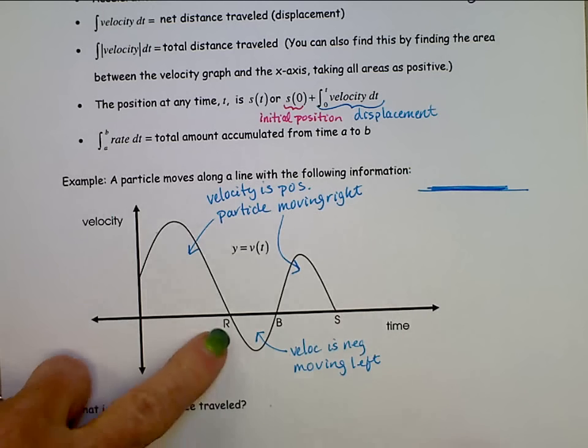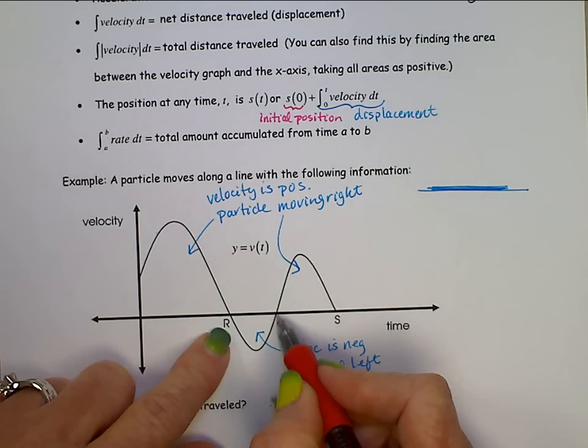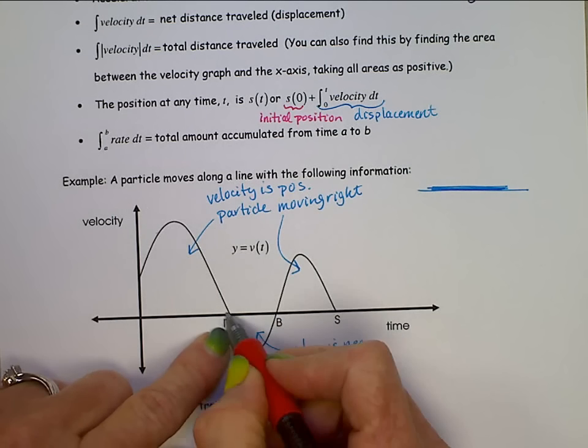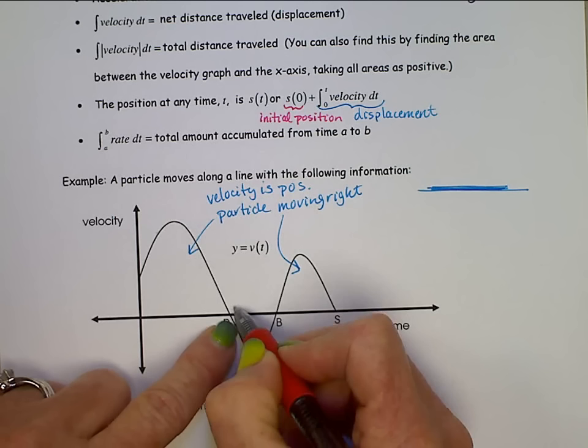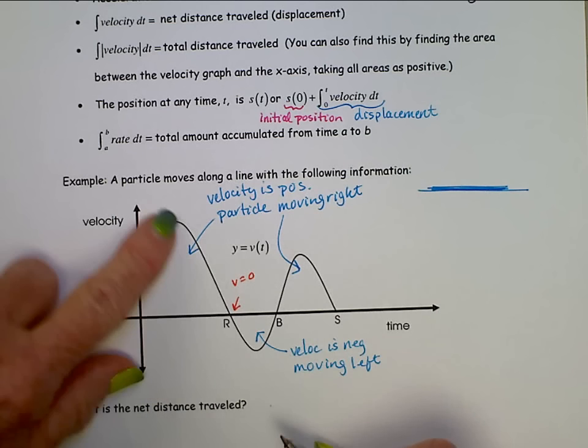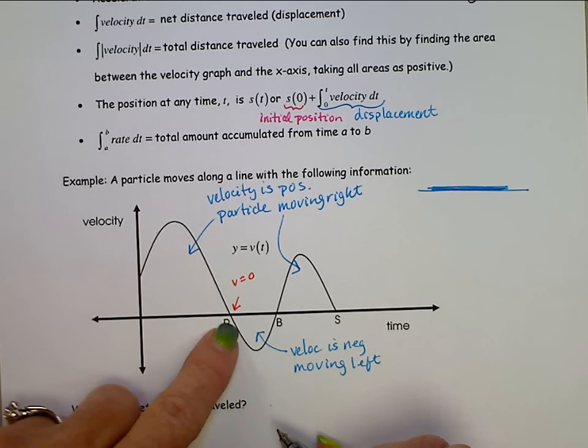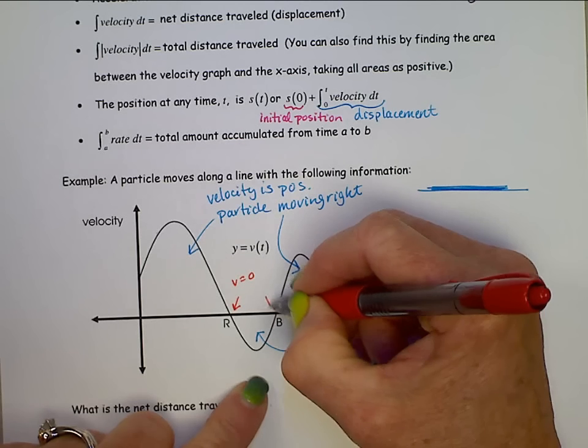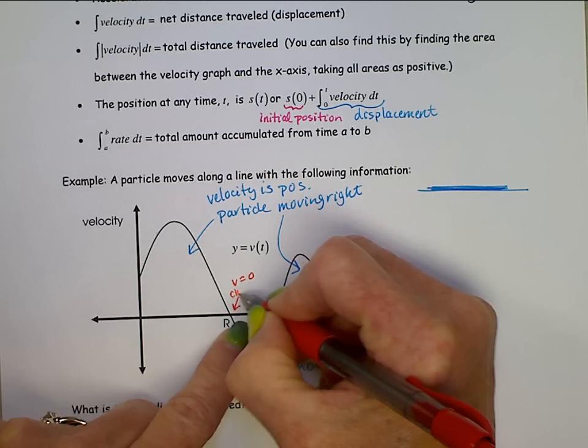At this time r and this time b, that particle is changing direction. Velocity is 0, and velocity is changing from positive to negative or negative to positive. So we have a change in direction.